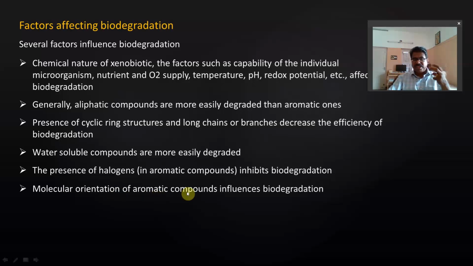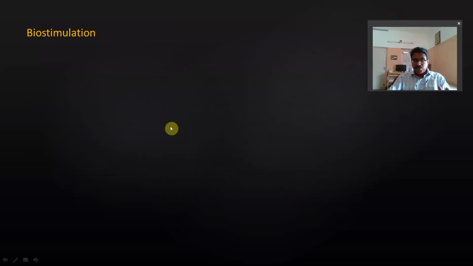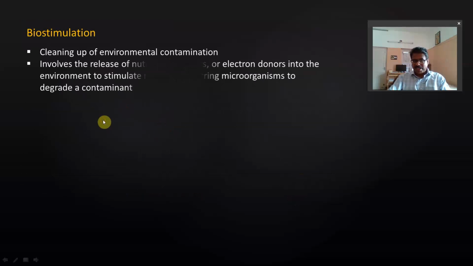Also, the molecular orientation of organic compounds, as we said, the chemical nature of the xenobiotic very much affects the speed of biodegradation. And then two terms we need to know. One is biostimulation. Biostimulation is just the cleaning up of environmental contamination.